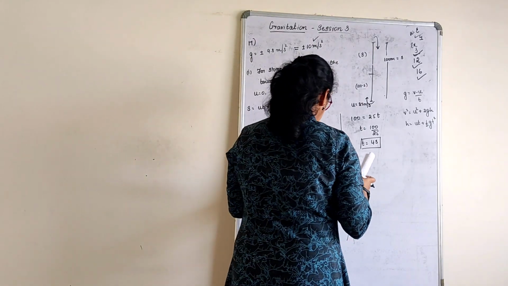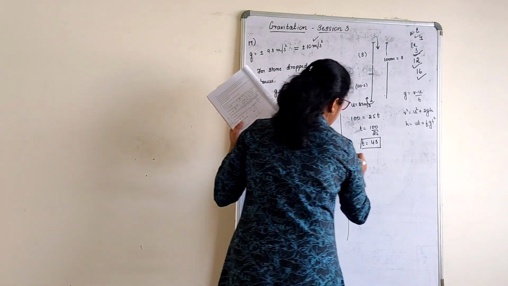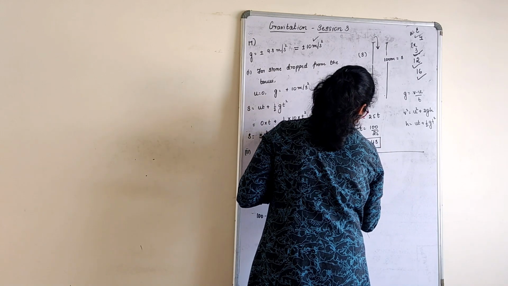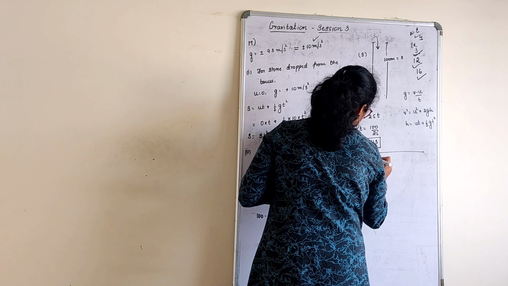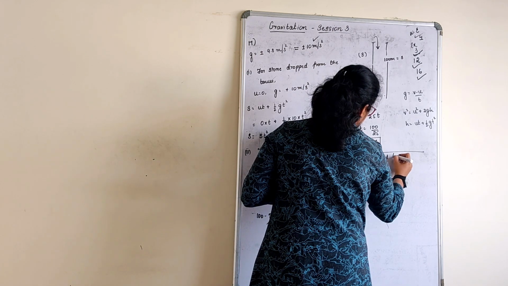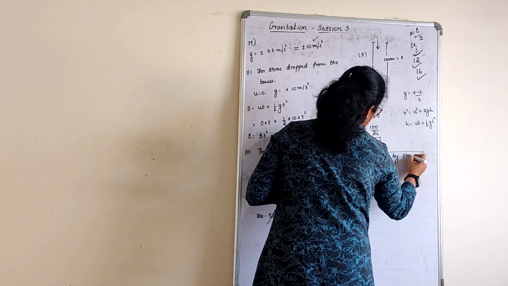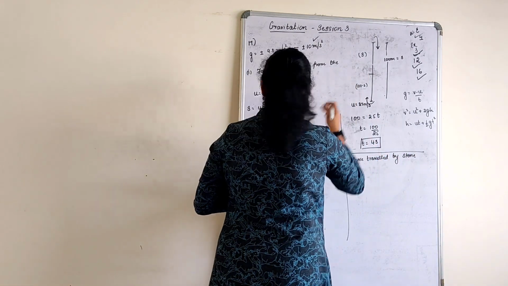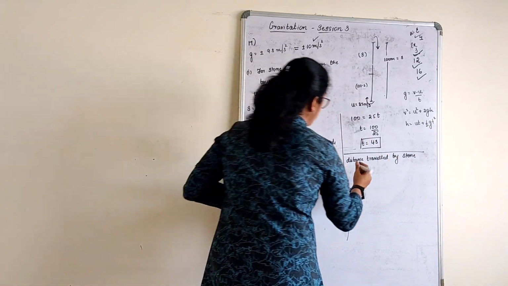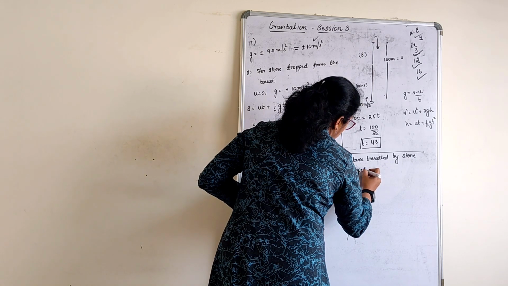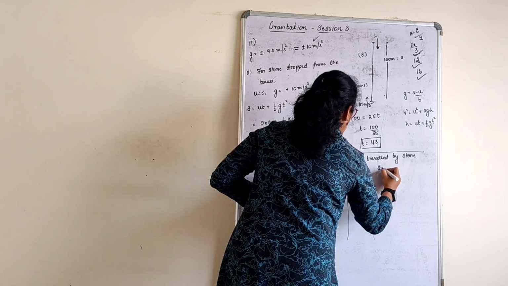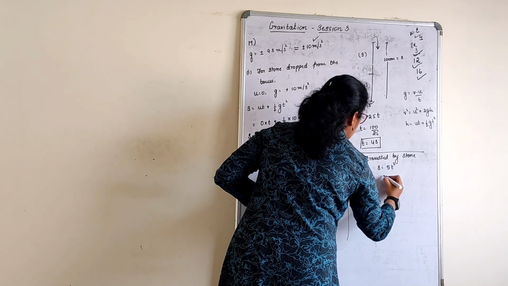So we can give the conclusion also here: distance travelled by stone. First we will take this for downward. For dropped, s is equal to 5t square.